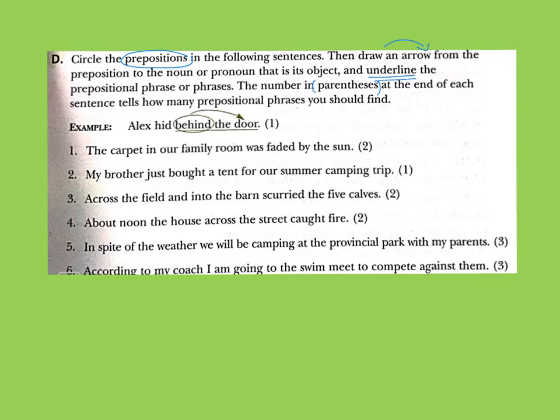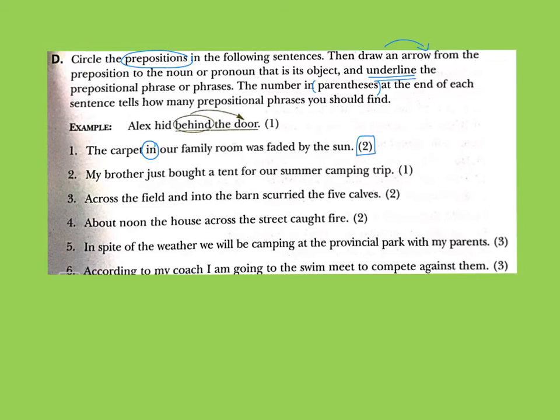So I will do one of the prepositional phrases for question 1. So the carpet in our family room was faded by the sun. So there are 2 prepositions in this sentence, which we can see from the fact that there's a 2 in brackets. The first preposition is in.